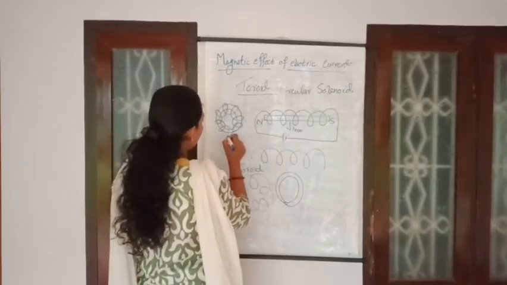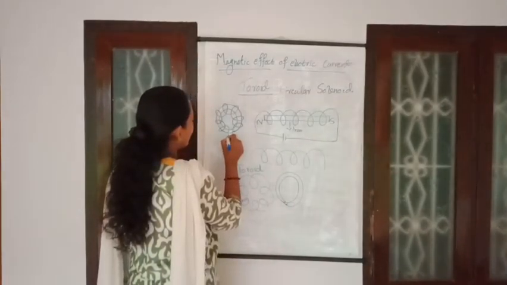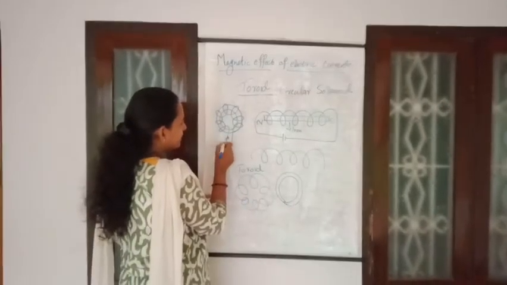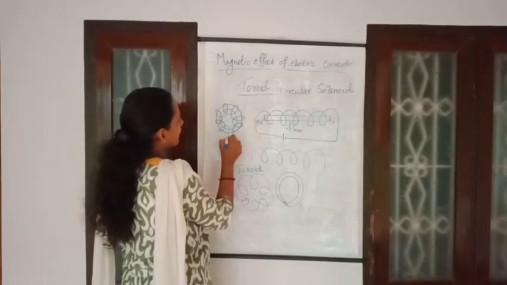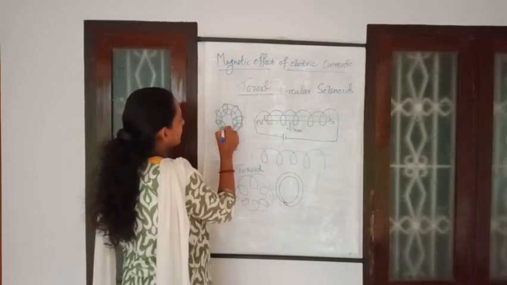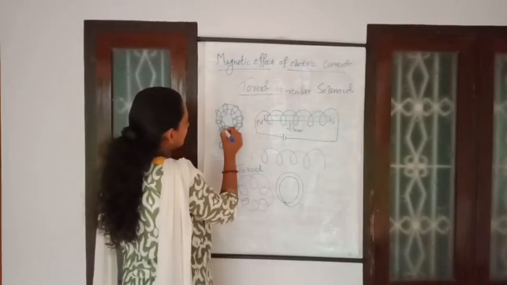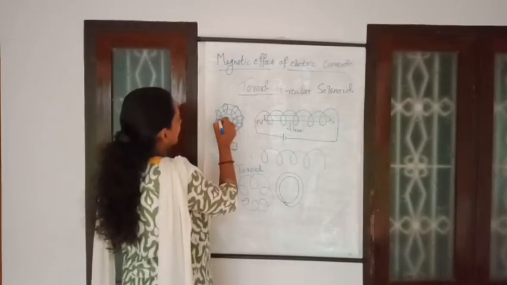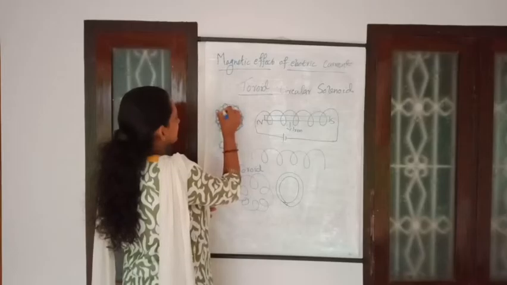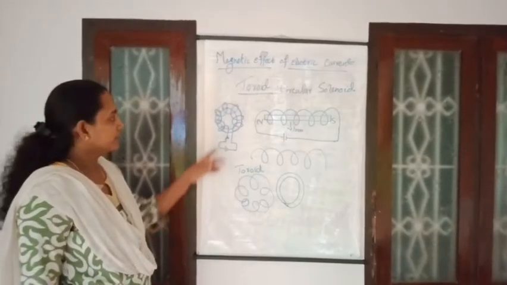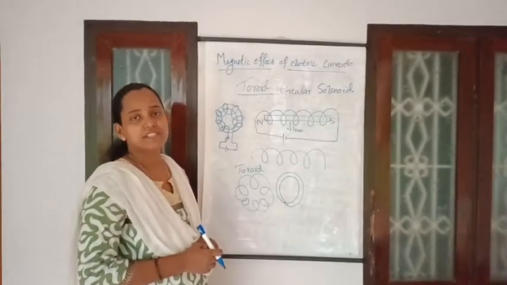And then the current passes through this coil from one end, connected with the battery. Through this coil, the current will start to flow inward through the back side in the opposite direction, inward. Like this, the current will flow. So this is actually a toroid itself.